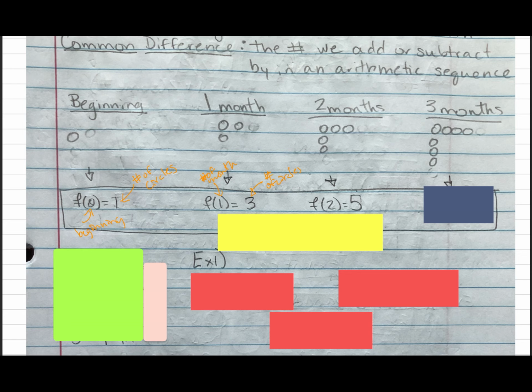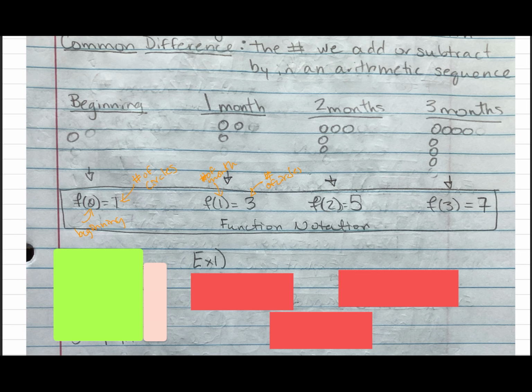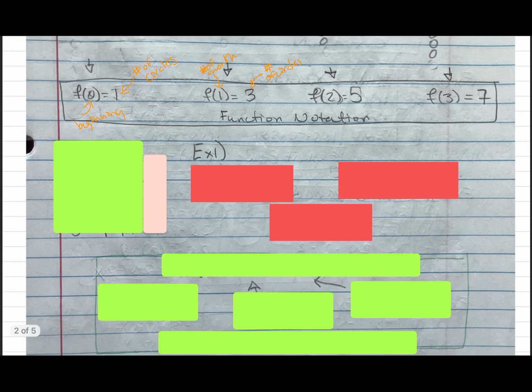When you see f with a parentheses like this, we say f of 2. Next up, for this last one, we'd have f of 3 equals 7. And again, all of this is function notation.